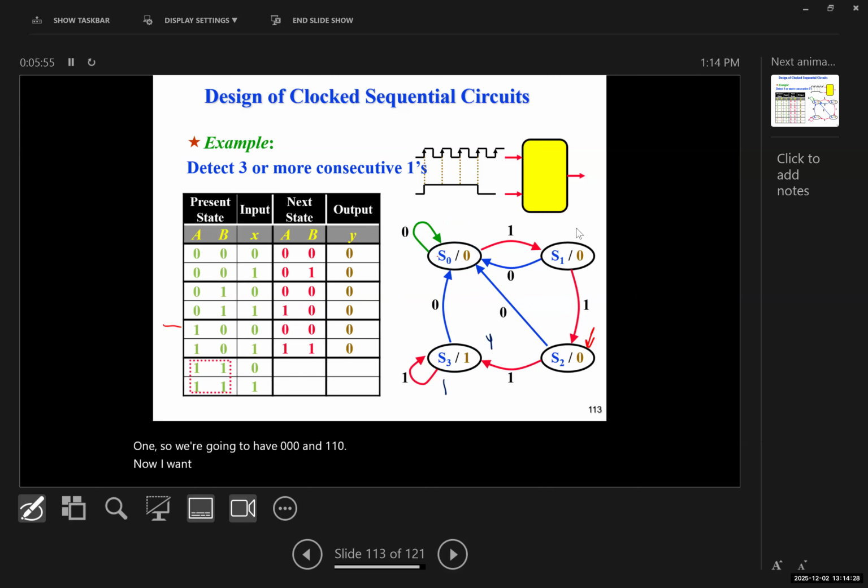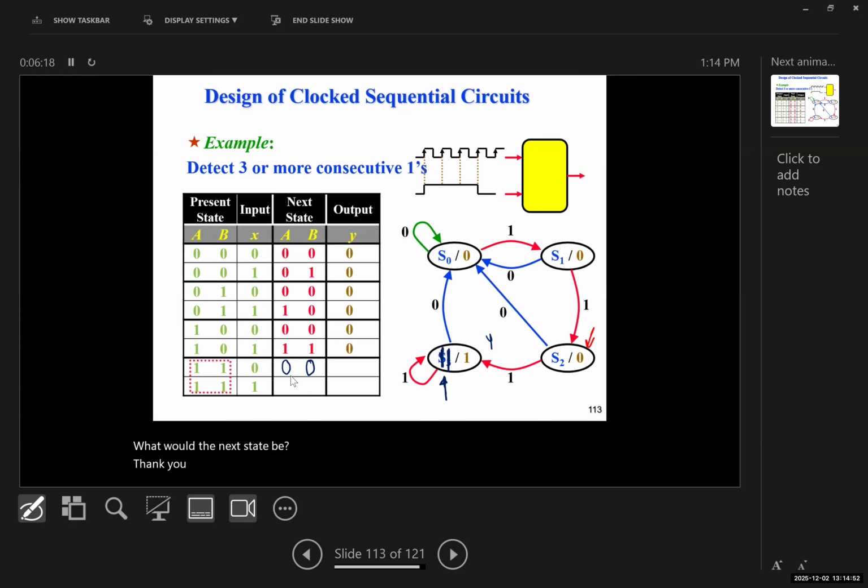So the present state for the last one, we are at this point. We are at 1, 1. What happens if X is 0? What would the next state be? 0, 0. And what would the output be? 0.